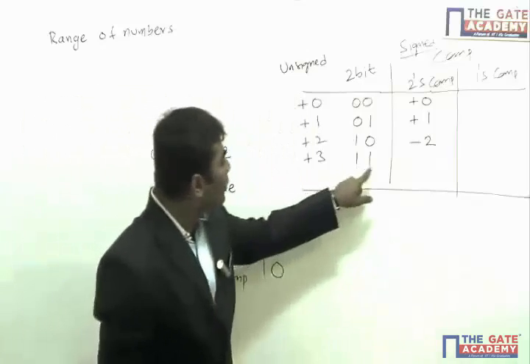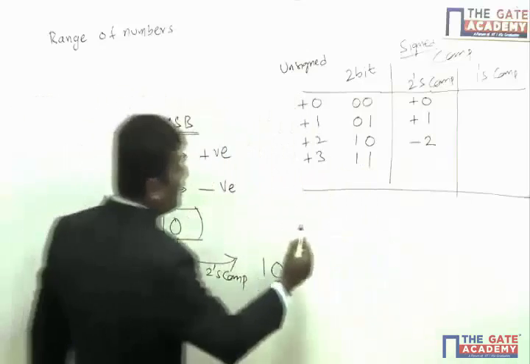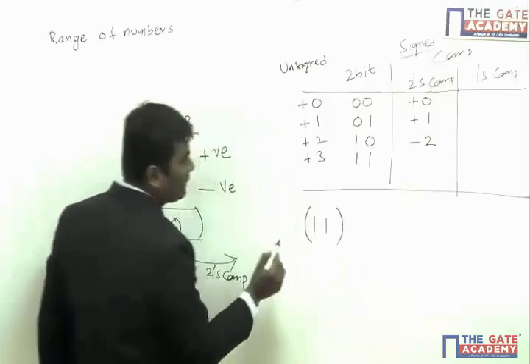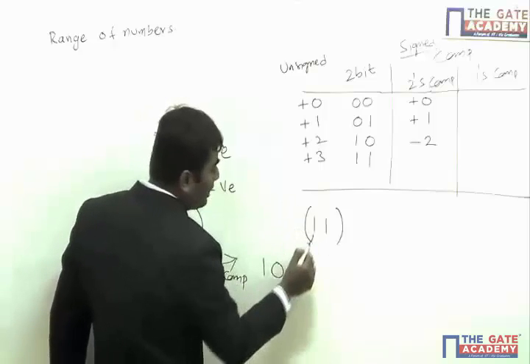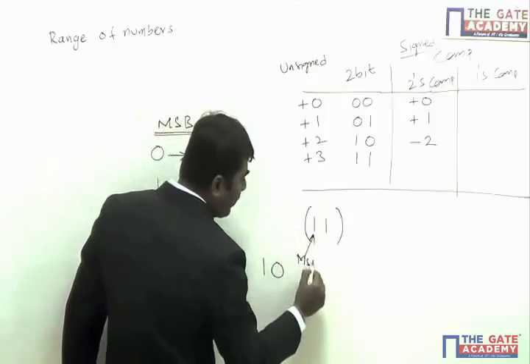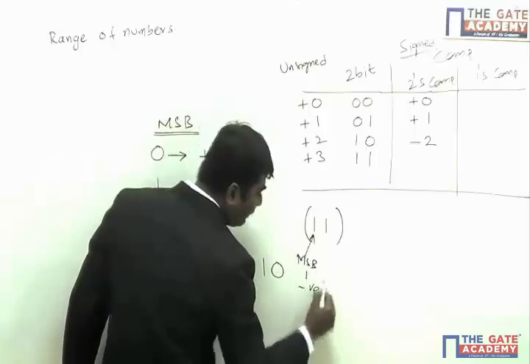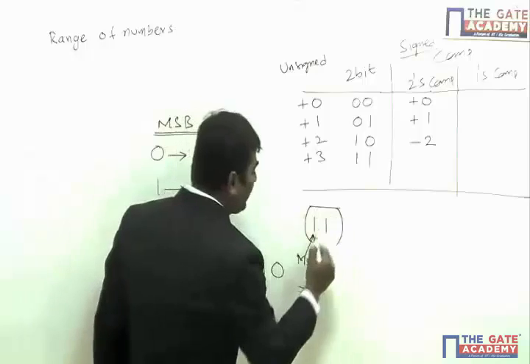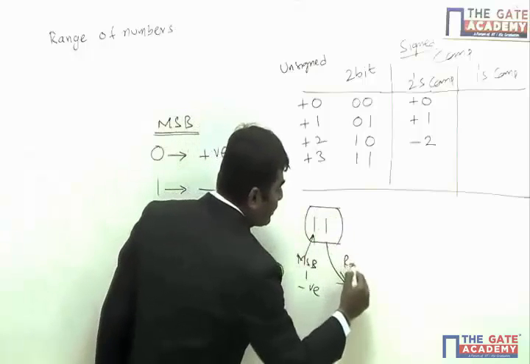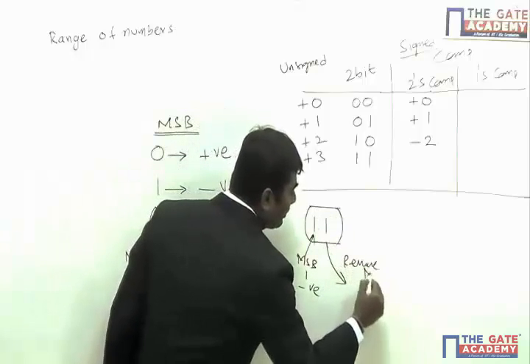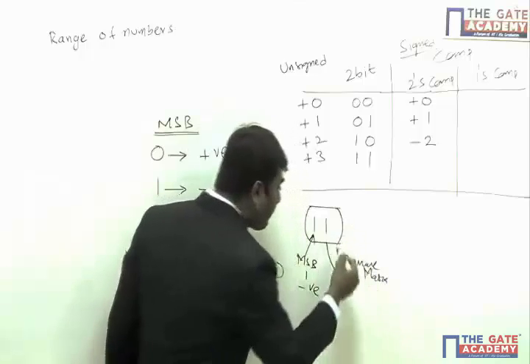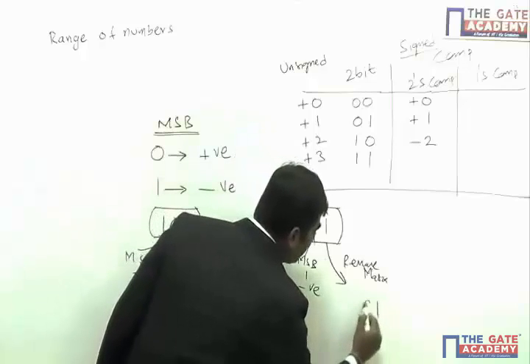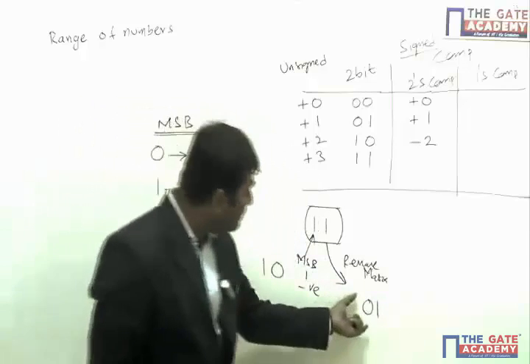Now come to this one, 1 1. It might look a bit confusing at the initial instant, but it is not. What is the MSB? MSB is 1, meaning it is a negative number. Negative number means we are supposed to remove its mask. Remove the mask means apply 2's complement to that number. When you apply 2's complement, it becomes 0 1.